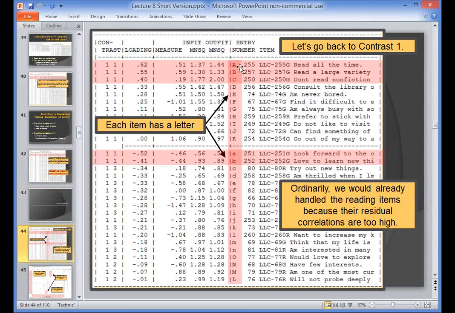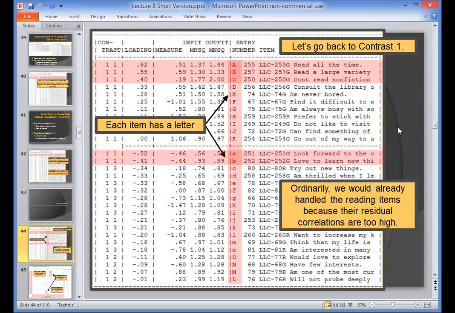Okay? And you'll notice that there is a column here. Scroll all the way back up to contrast 1. And again, ordinarily we would have already handled this because we would have already removed some of the reading items because they're dependent items.